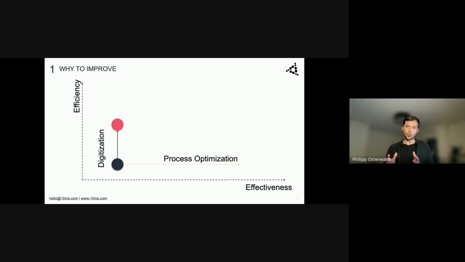And then we analyze and assess this workflow step by step. And then after the streamlining and the optimization of the process, we start to digitalize the workflow. And then there is added value in two dimensions, in efficiency and in effectiveness.